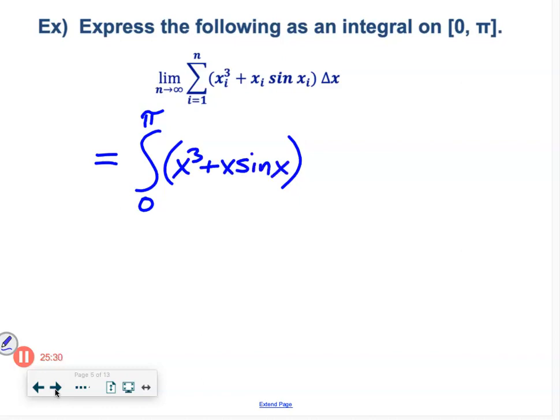Delta x in integral notation becomes the dx. That's your width. Just so you know, when you're writing an integral, which we will when we get to the fundamental theorem of calculus, you'll see why that delta x, the width of each rectangle, is represented as a dx.